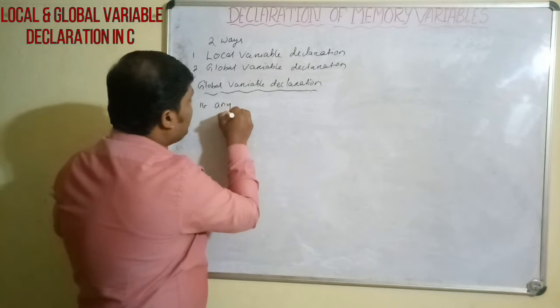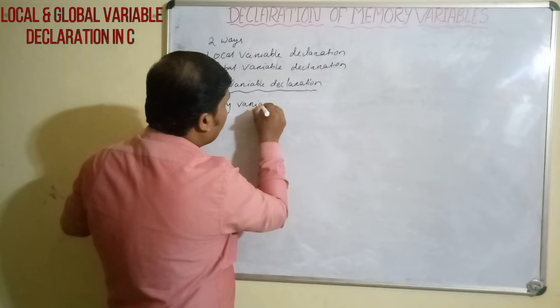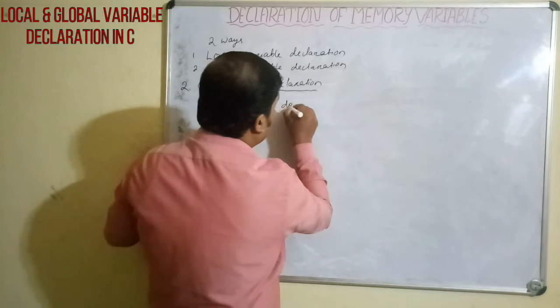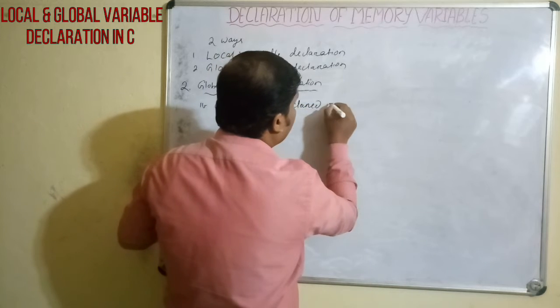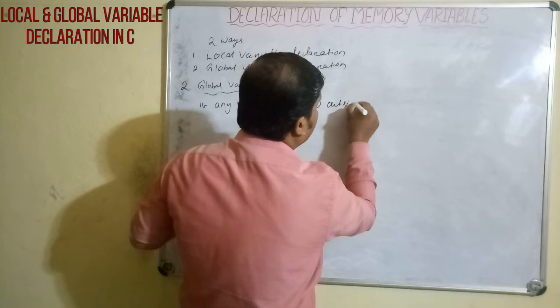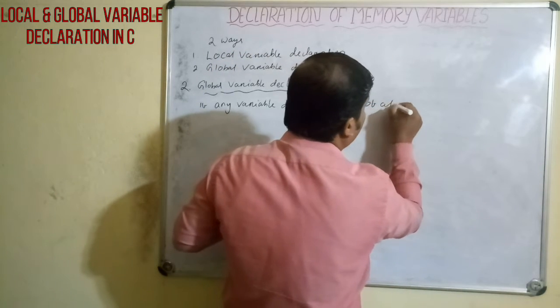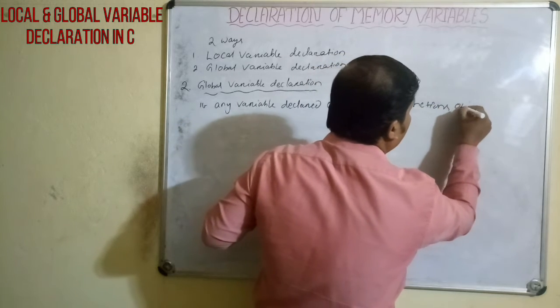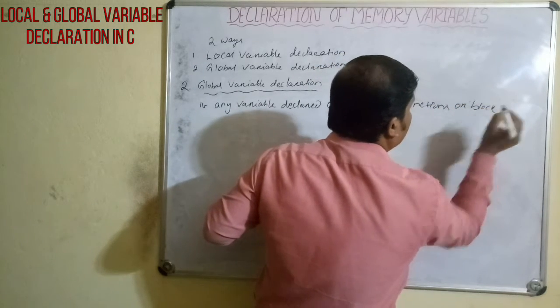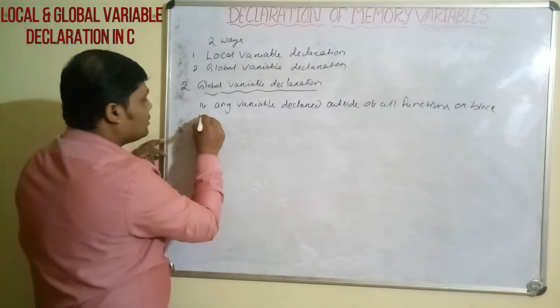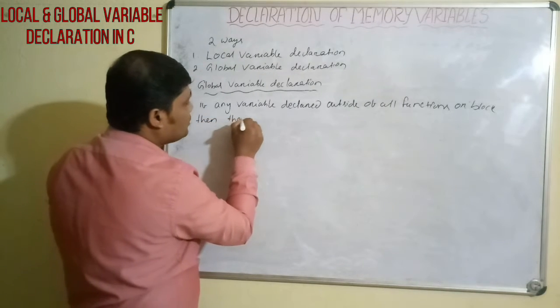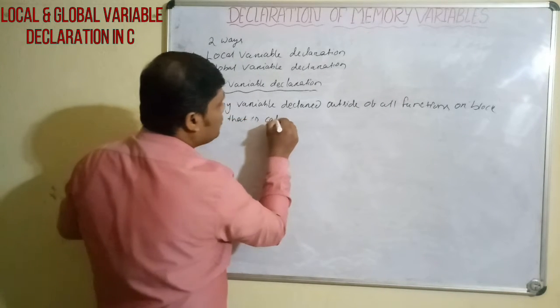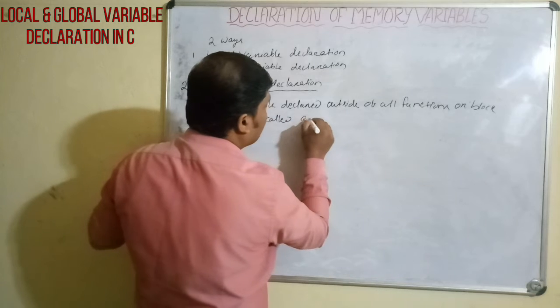If any variable is declared outside of all functions or block, then that is called, what? Global variable.